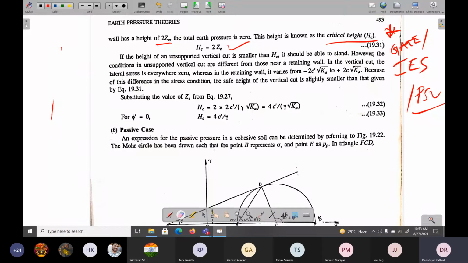Suppose we are cutting a retaining soil. So here the total is HC.